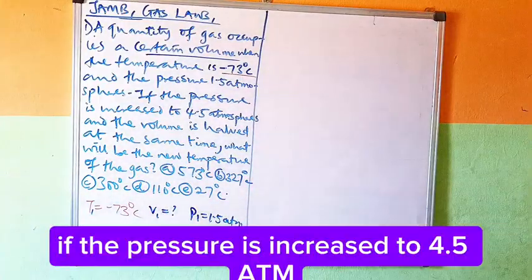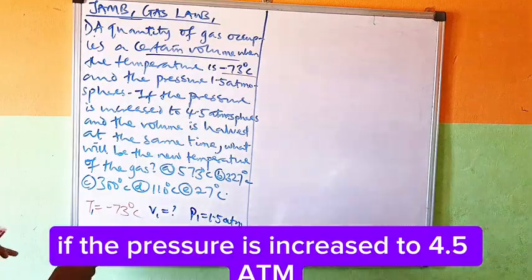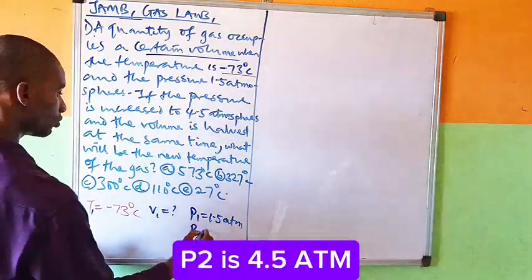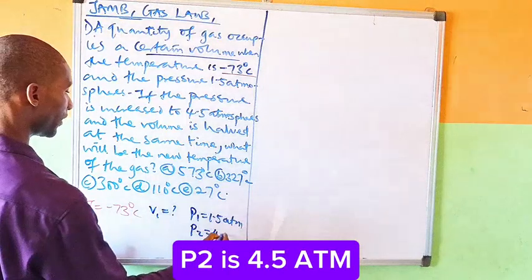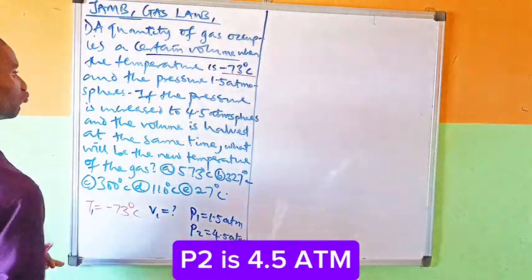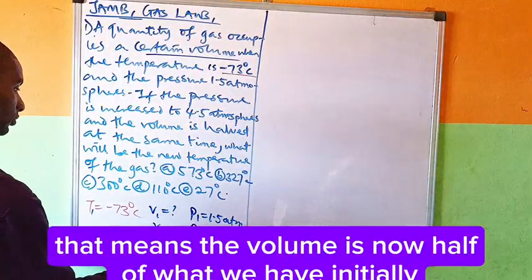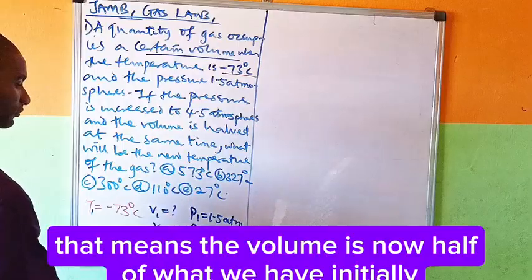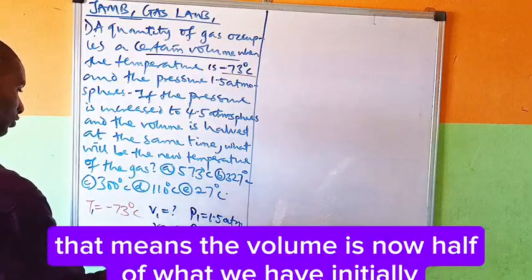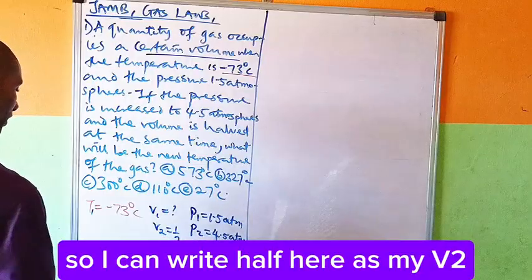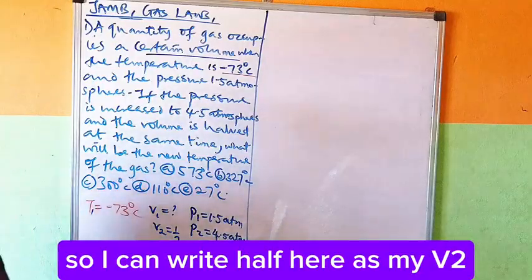If the pressure is increased to 4.5 atm, P2 is 4.5 atm, and the volume is halved. That means the volume is now half of what we have initially. So I can write half here as my V2.